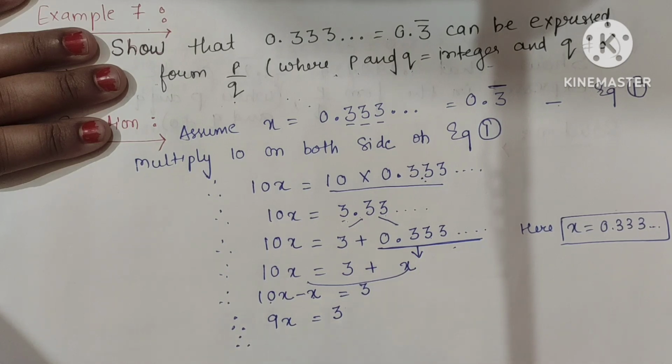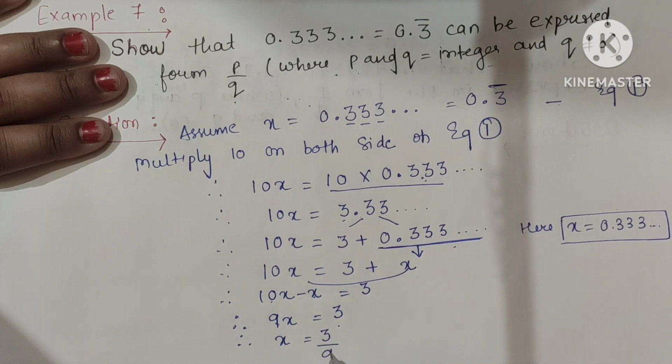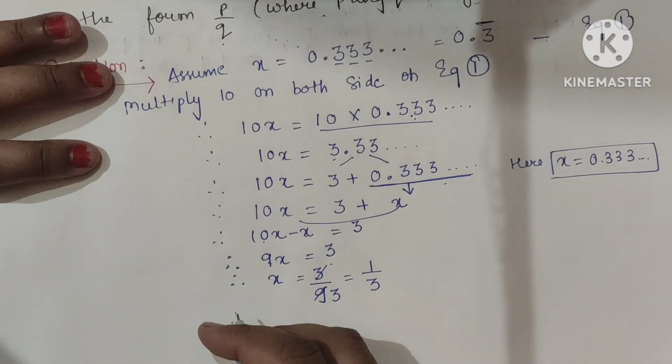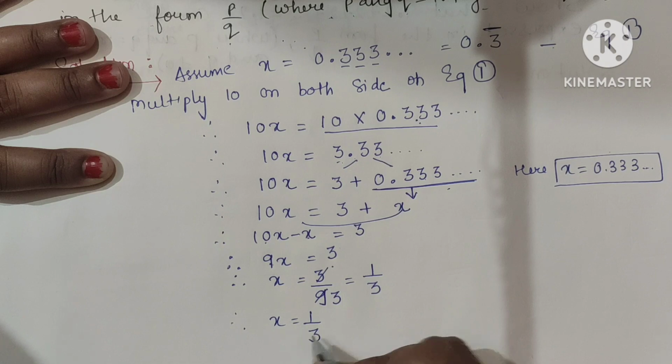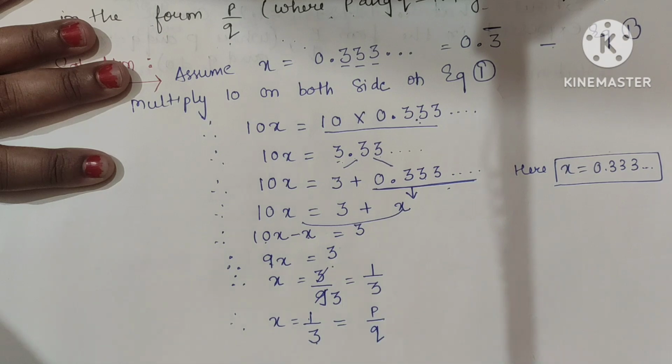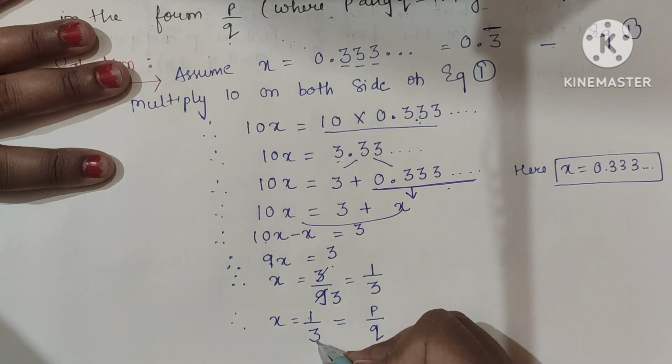Now cross multiplying, taking this 9 over here, x is equal to 3 by 9, that is 1 by 3. Therefore x is equal to 1 by 3, which is in the form of p by q, and q is not equal to 0 because it is 3.